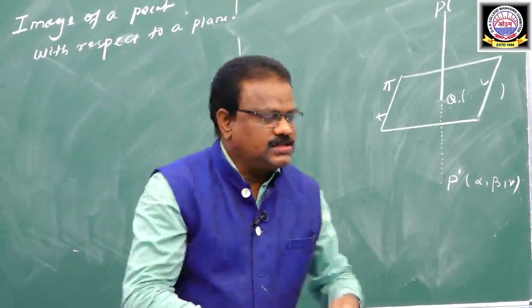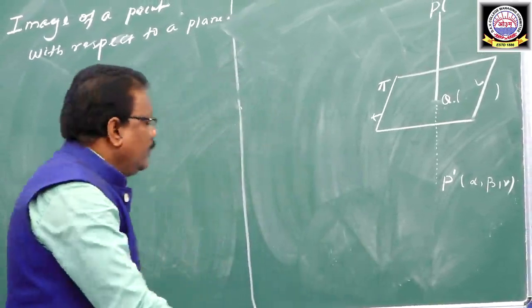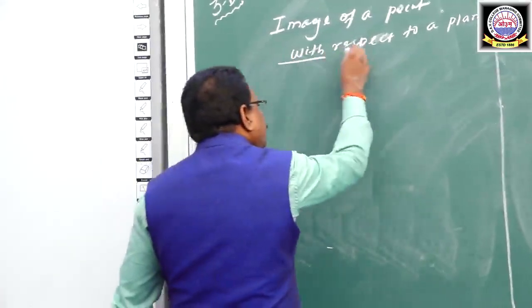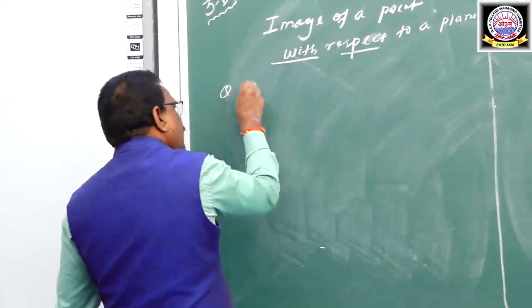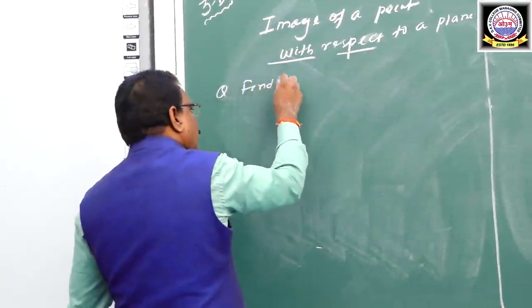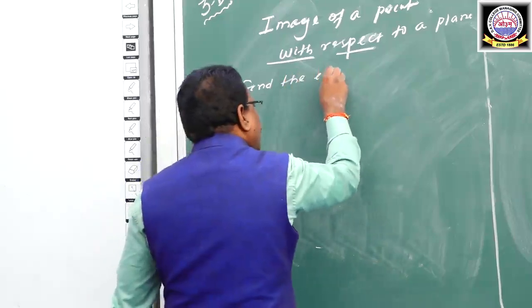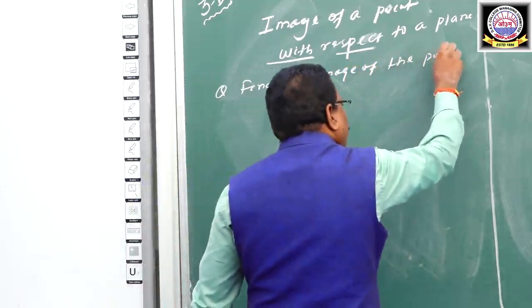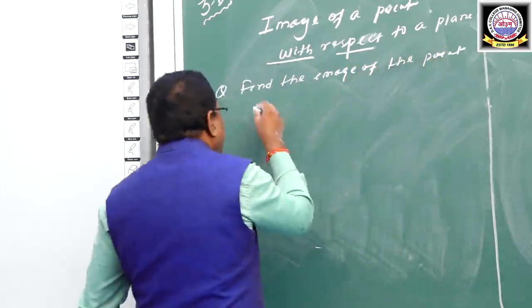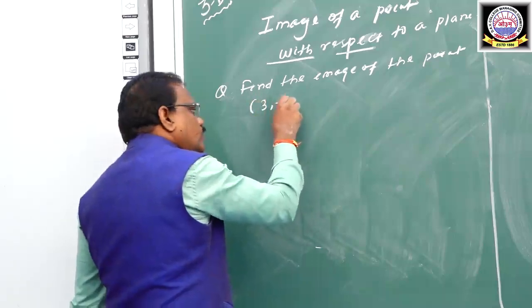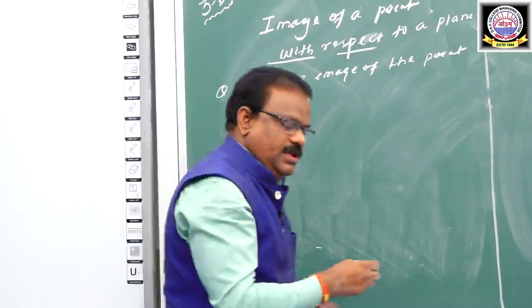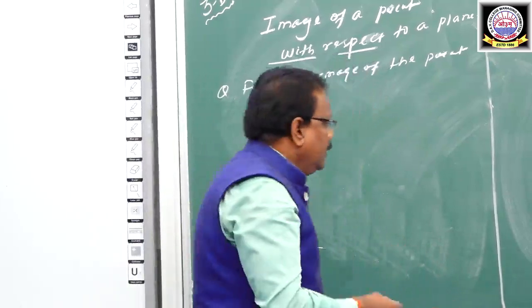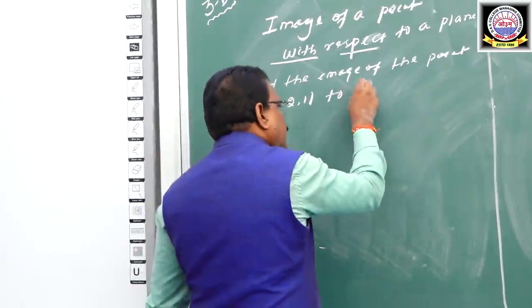Question: find the image of the point (3, -2, 1) with respect to the plane.